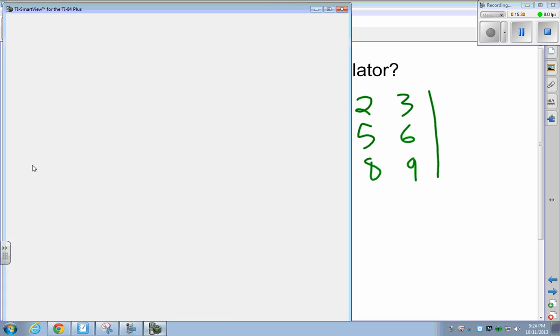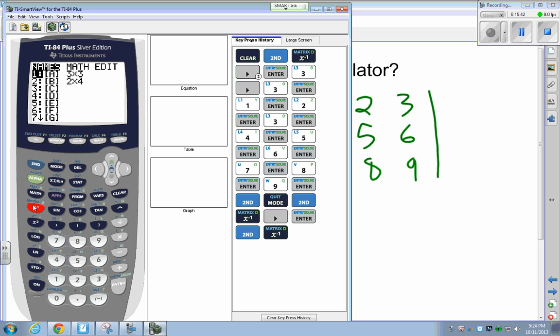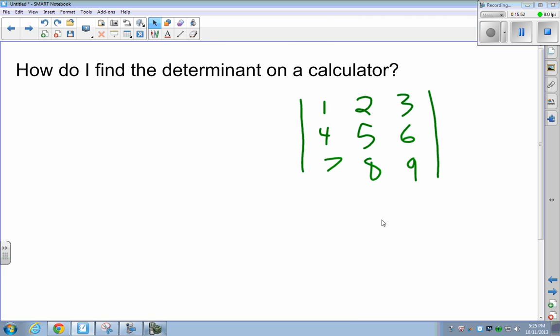So now I'm going to go second, quit. Now let's go back to our matrix, go over to math, and look at that. Determinant is going to be our first one. Click the matrix that we want to find a determinant of, and solve. Isn't that something? So now the determinant of this is just equal to 0.